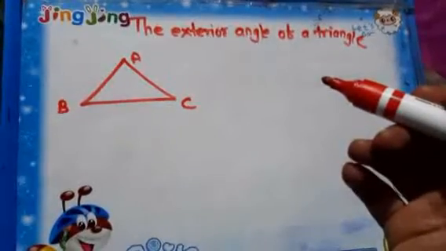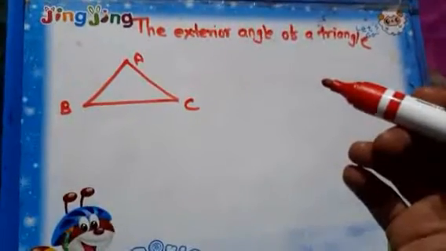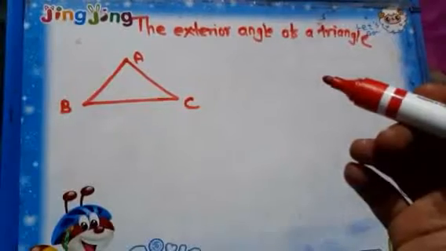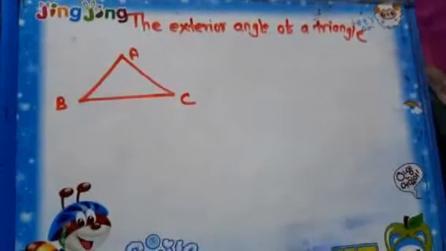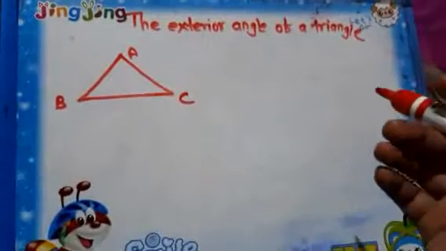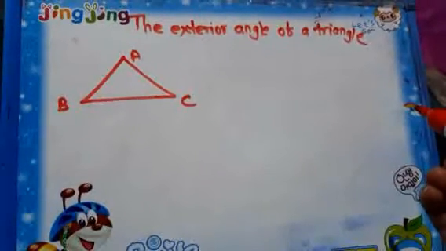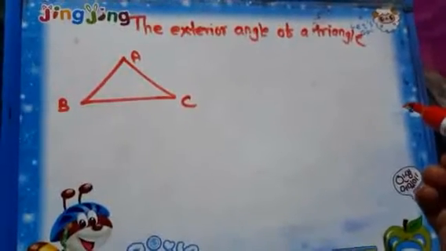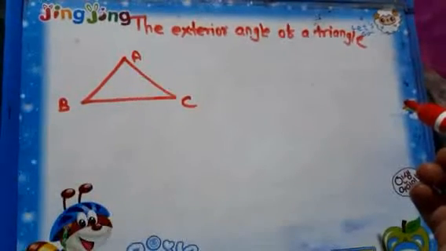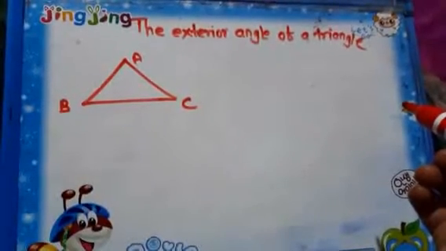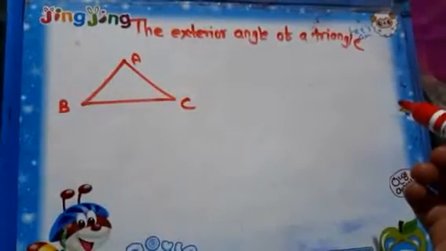Hello students, welcome to 7th maths class. In our last session we have learnt about pairs of angles, complementary, supplementary, angles in linear pair, opposite ray, etc. Now we are going to learn the exterior angle of a triangle.